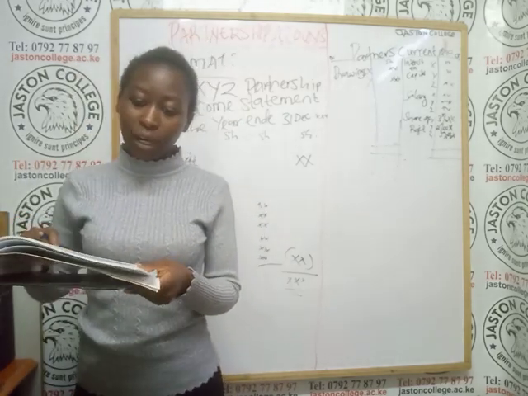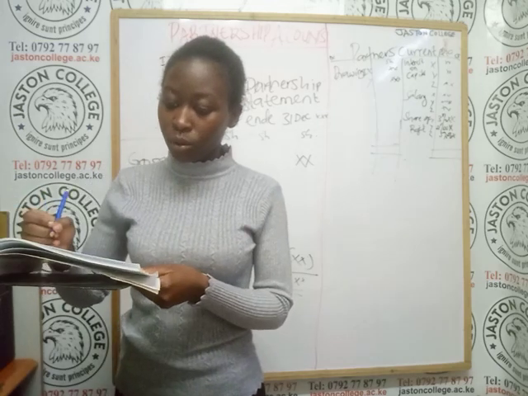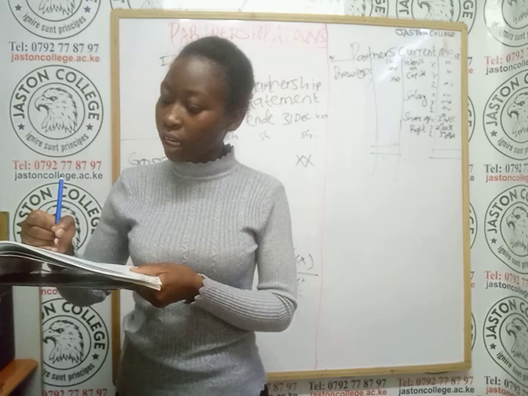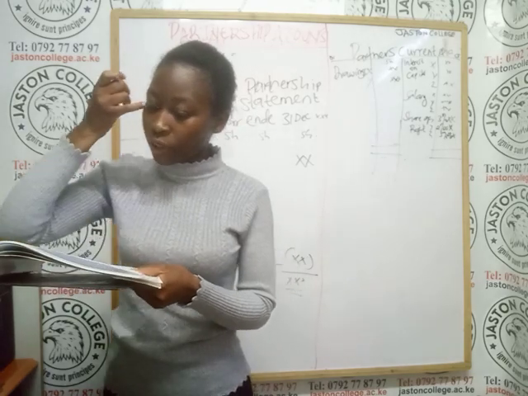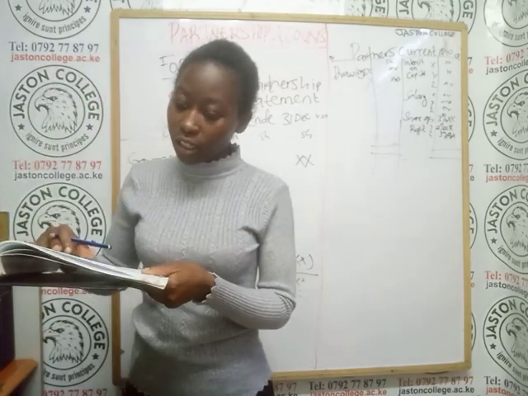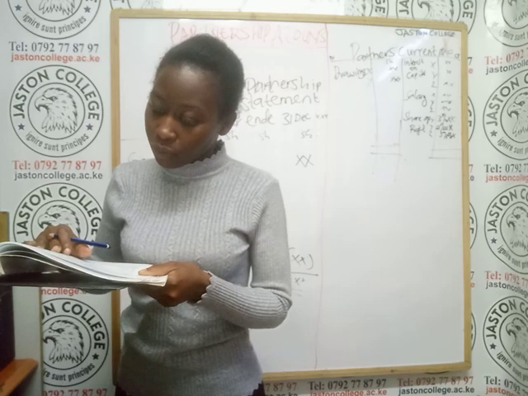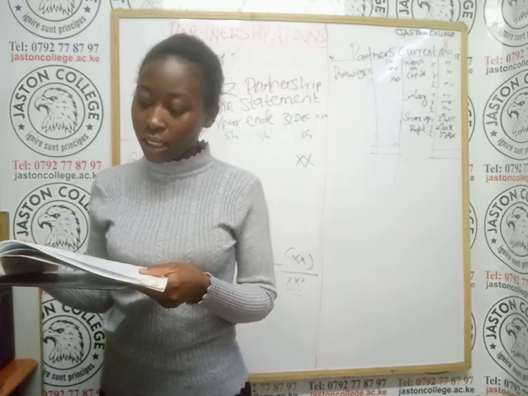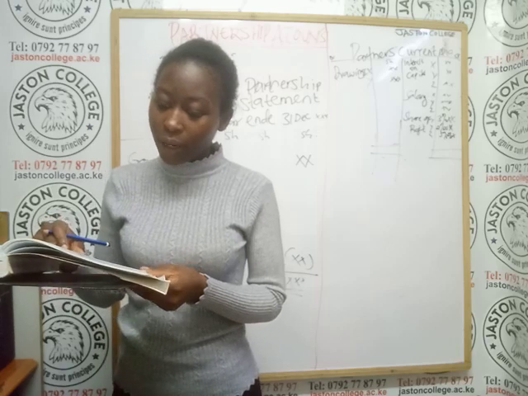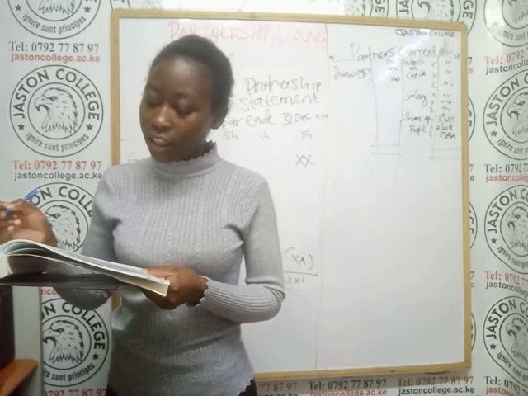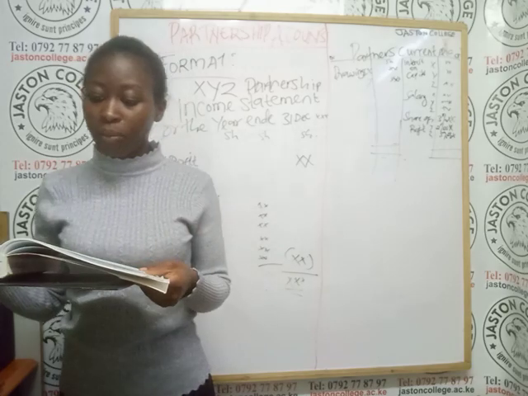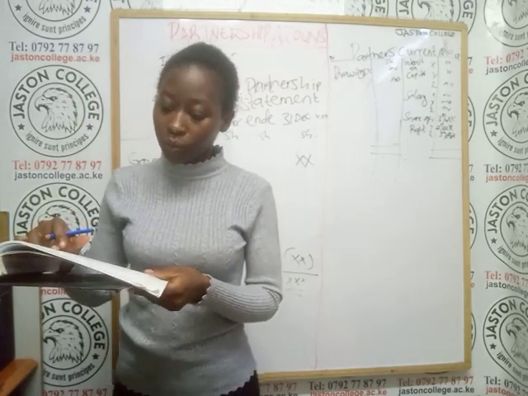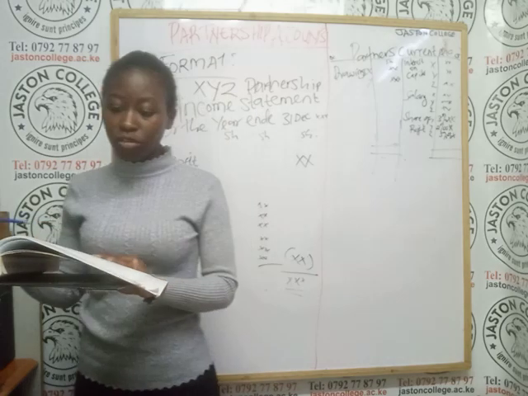Their partnership agreement provides as follows. Charles is entitled to an annual salary of 2.7 million. Interest is to be charged on capital at a rate of 10% per annum. Alex and Brian guaranteed that the total income of Charles from the firm shall not be less than 15 million.